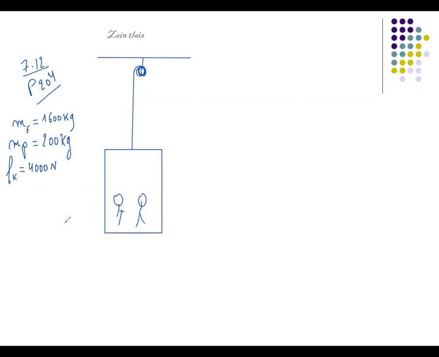This force will resist the upward motion of the object. So here we have a motion in this direction, okay? And down we have the total weight, where M equals M of the person plus M of the elevator.